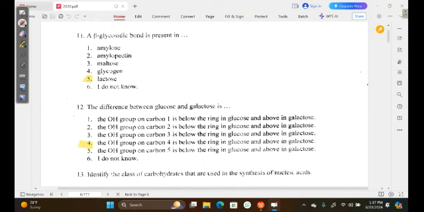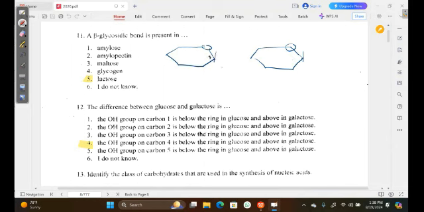I think we can just draw the two images. So I will use this space. We have that sugar there, and then we also have another sugar there. We said this is carbon 1, this is carbon 1.